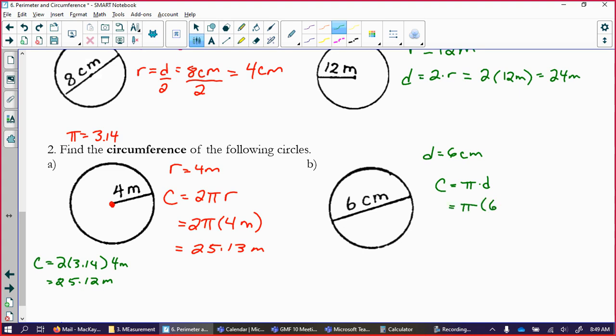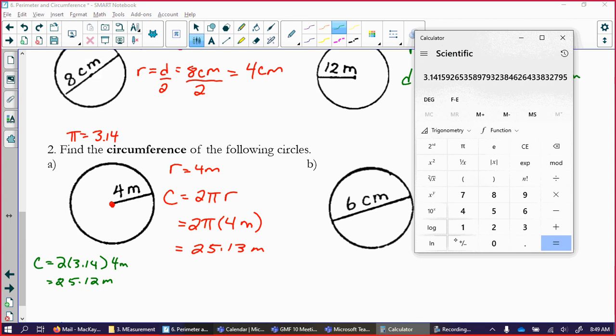Pi, that's centimeters. Pi times 6 equals 18.85.